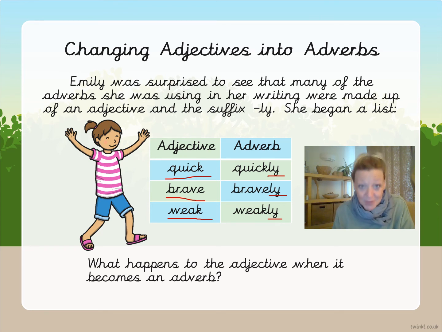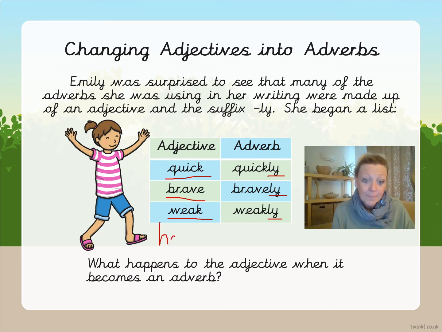We need to remember that sometimes we need to apply the spelling rule. So if your adjective is ending in a y and we're going to change it to an adverb, you need to remember to change the y to an i. Let's have a look at one very quickly. So let's use the adjective happy.